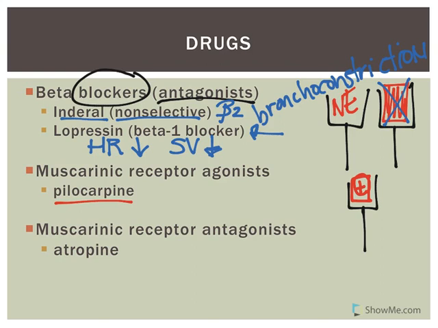A muscarinic receptor antagonist would have the opposite effect, and atropine is an example of a muscarinic receptor antagonist. Because it binds to the muscarinic receptor and keeps acetylcholine from binding to it, that would actually result in technically an increase in heart rate.